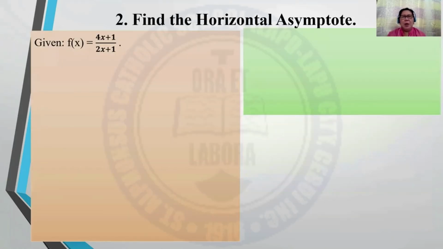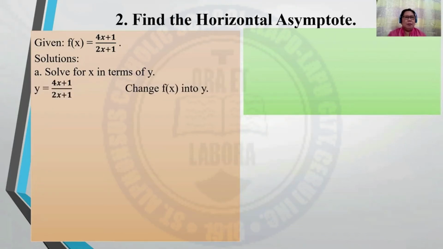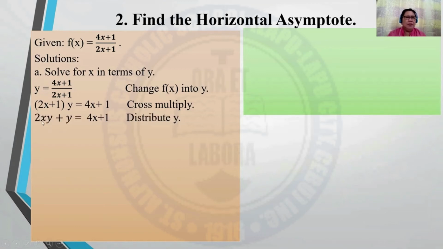Next, find the horizontal asymptote. Using the same given, you have to solve first for x in terms of y. So change f of x into y. And then cross multiply, distribute y. You have 2xy plus y, then copy.